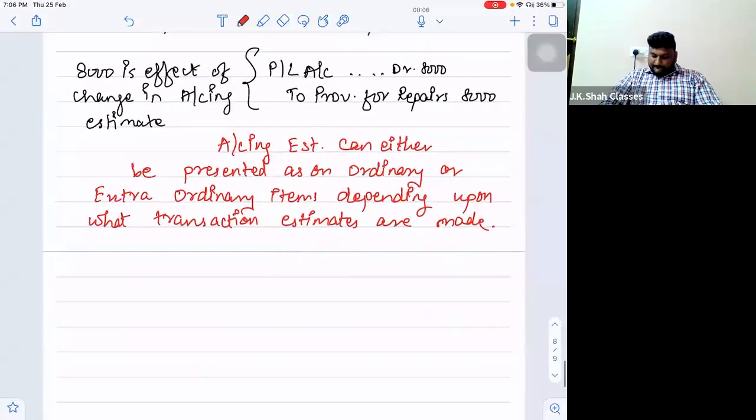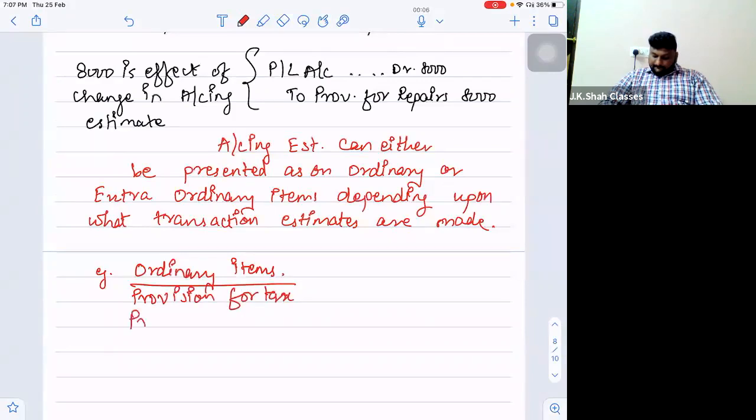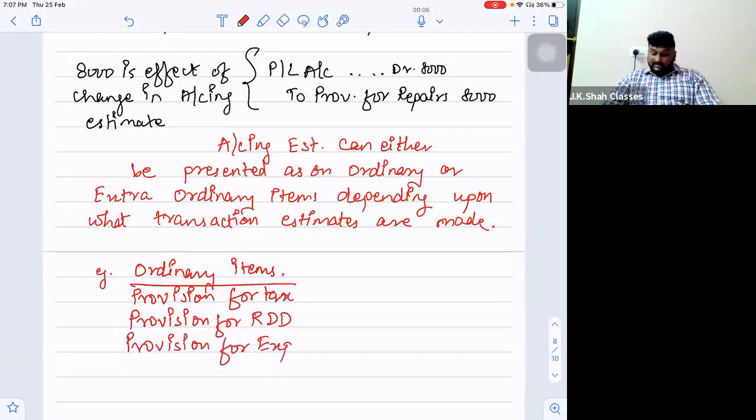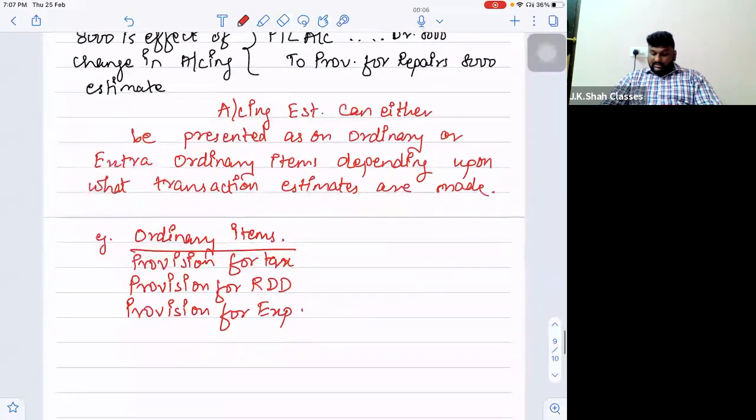Example, ordinary items. What examples can I give? Sir, provision for tax, provision for RDD, that is your bad debts, provision for expenses, all ordinary. So what can be extraordinary?